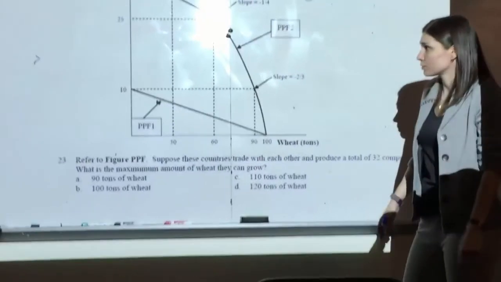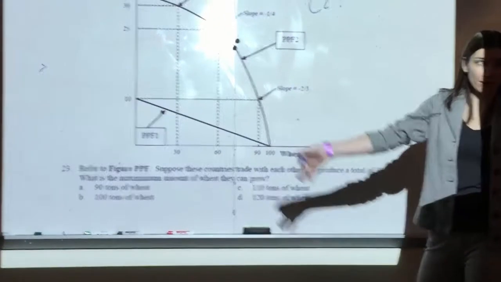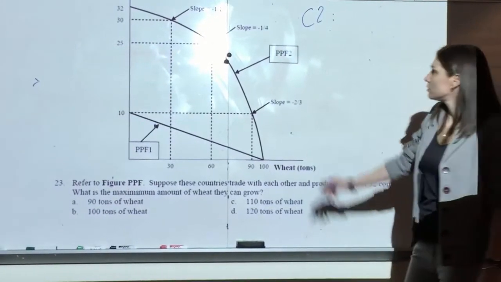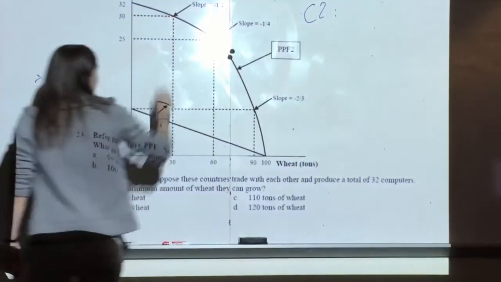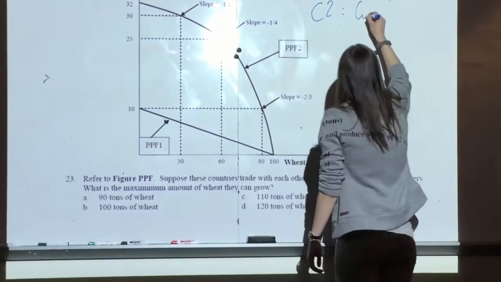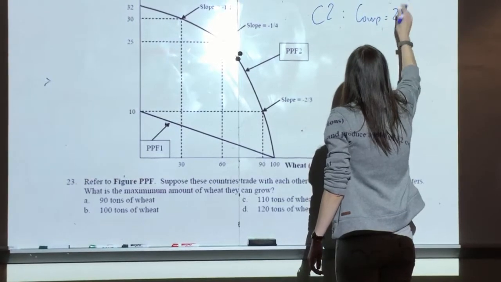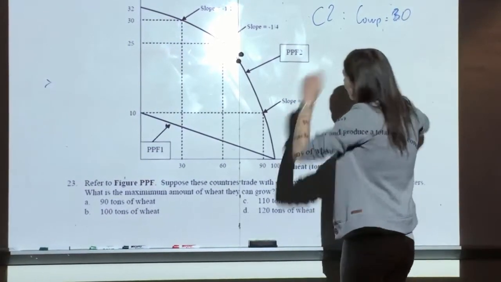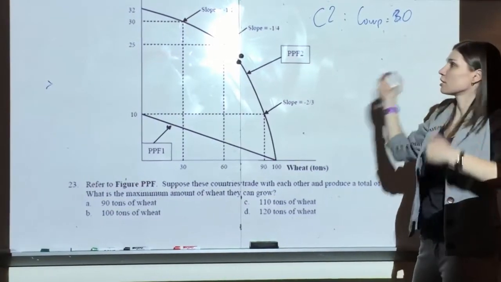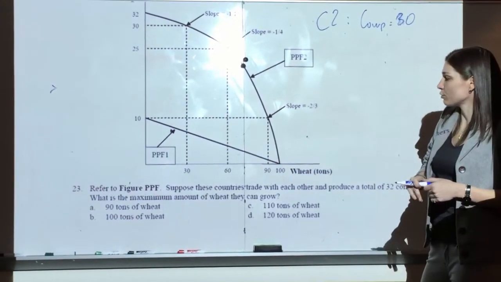Computers are on the y-axis. They're producing up to here. 30, right? So country 2 produces 30 computers, and how many resources are left for the production of wheat?